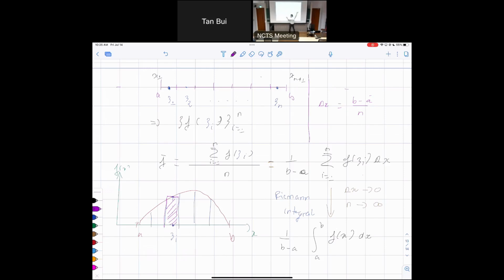I sum up the areas, and when our partition, or our interval width, goes to 0, then the sum of all the areas is exactly the area under the curve. This is what we learned, our intuition in high school. This is the area under the curve, which is exactly this, or the rectangular rule, if you're thinking about that.